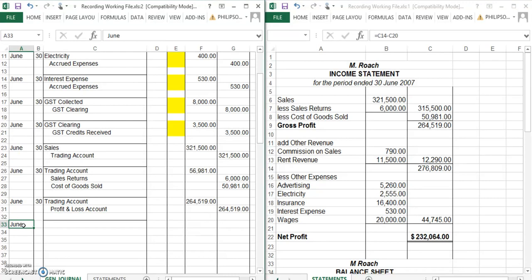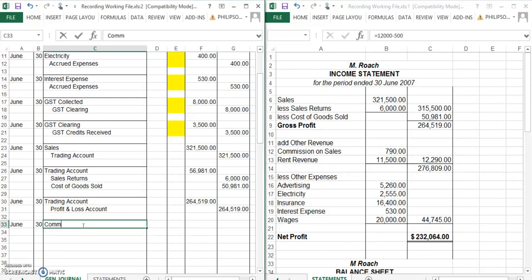So we're closing off to profit and loss now, and first things first, as we work down our income statement, we want to close off commission on sales and rent revenue. These accounts are revenue, therefore they are credit. So in order to make them zero, we need to debit them.